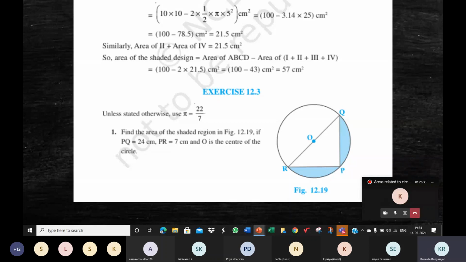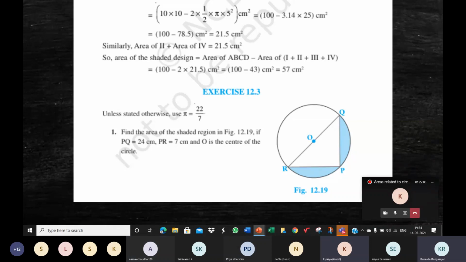Now see, you got the radius of the circle. And for the triangle, you can use the formula half base into height. Now what is it? Tell me the equation in words. How do we find the area of the shaded region? Area of the semicircle minus area of the triangle. Very good.